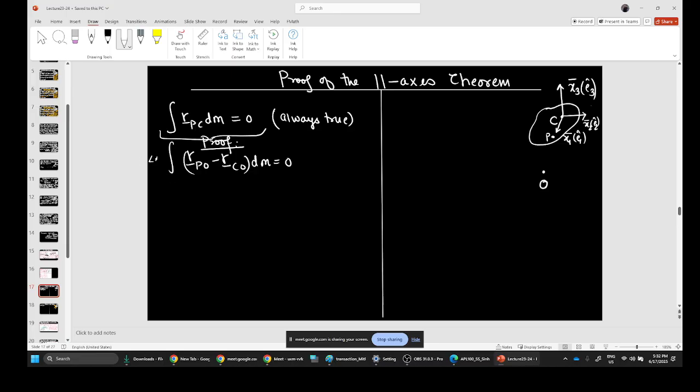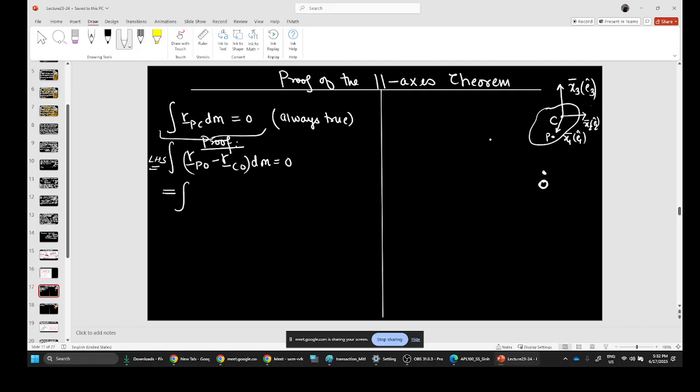So the left hand side can be written as, R_PC can be written as R_PO minus R_CO, dm. Right? You can look at this. So O is a point here, any point in space you can take.